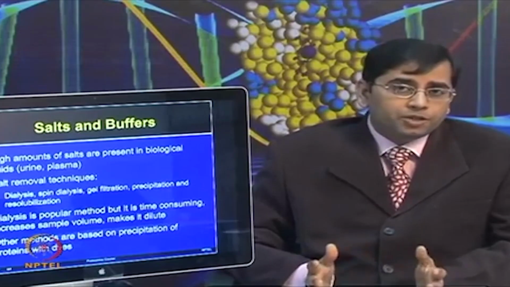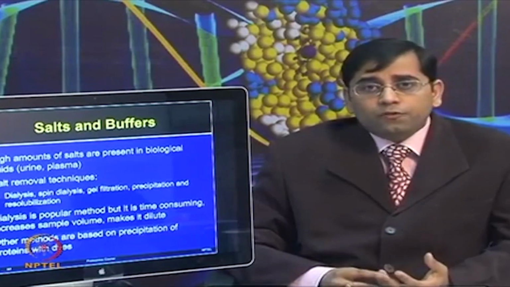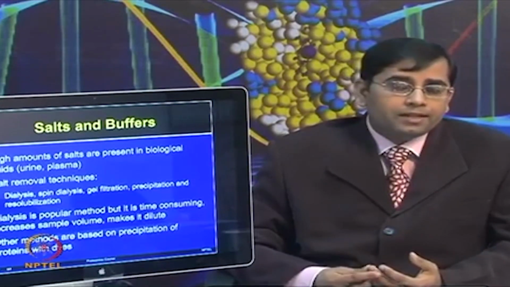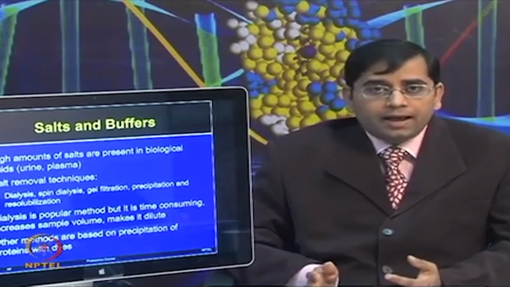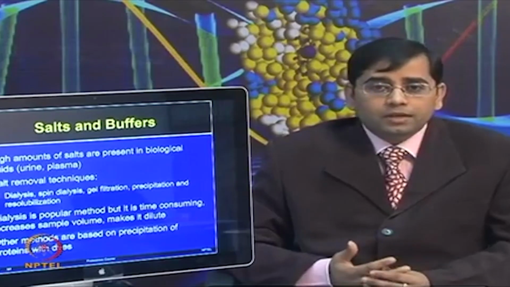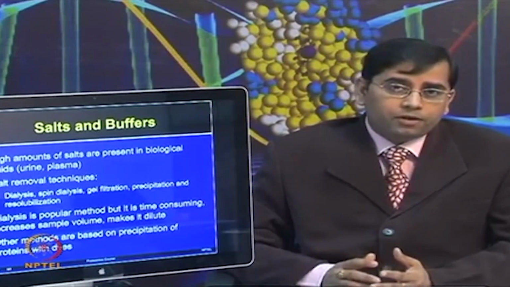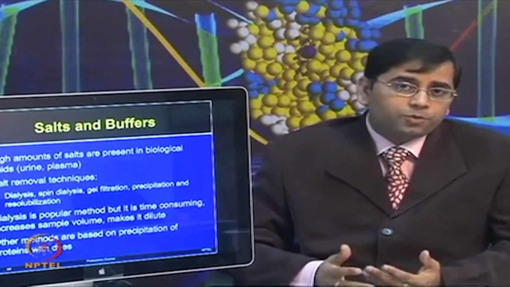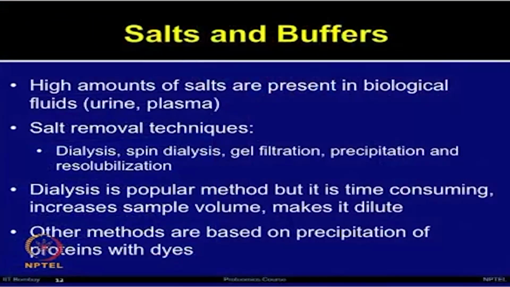So, if your application requires a concentrated solution in a small quantity, then this may not be a very popular choice for proteomics applications. There are other methods based on the precipitation of proteins with dyes. Those are also commonly used depending upon your proteomic application.